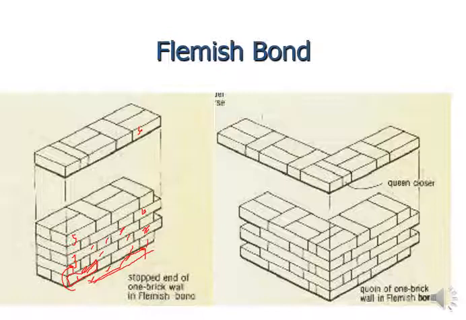Okay, this is the particular case. Then how to avoid the continuity of the vertical joint? So for that particular way, this is stretcher. So what you have to do, you have to place one header exactly in between. Okay, and then you have to place stretcher, meaning header and stretcher above each other.